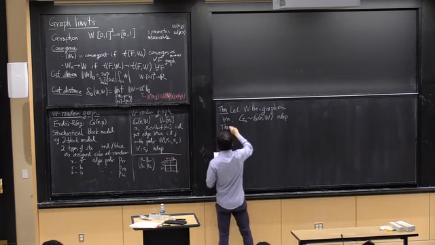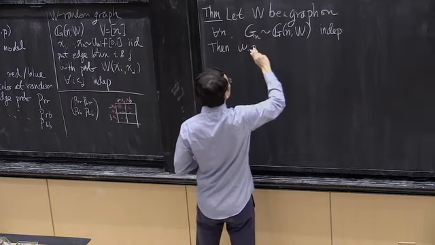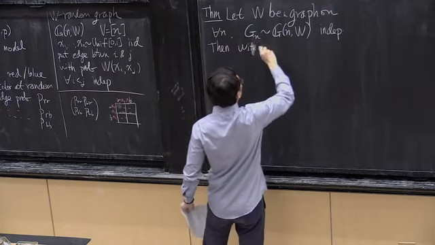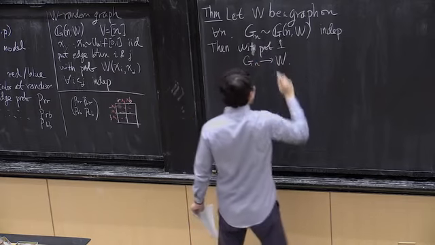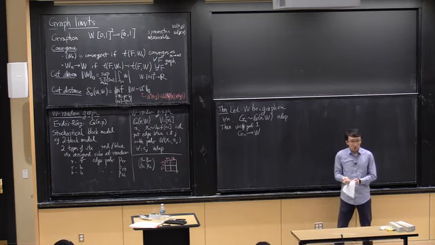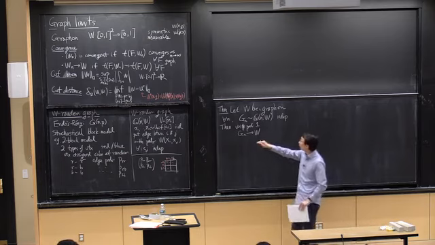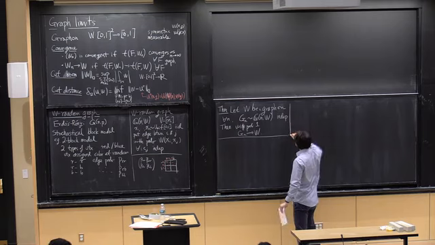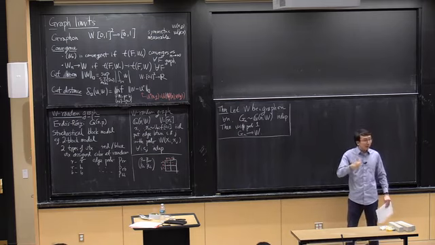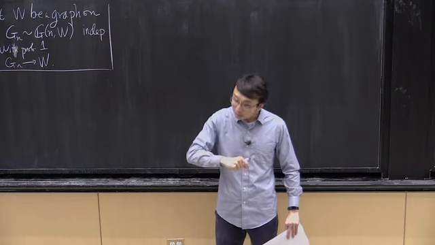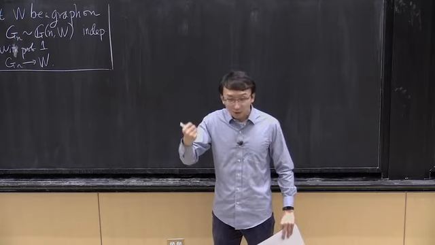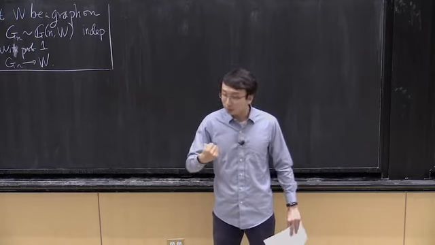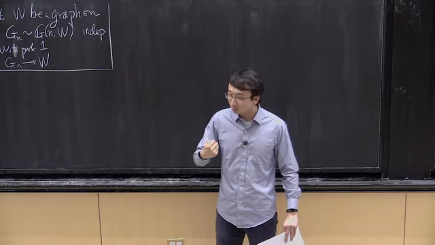Then, with probability 1, the sequence converges to the graphon W. Okay, so in the sense that I've described above. So the statement tells us a couple of things. One, that W random graphs converge to the limit W, as you should expect. And two, that every graphon W is the limit point of some sequence of graphs.